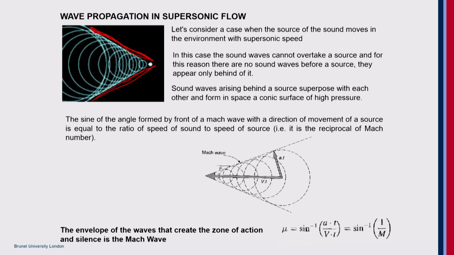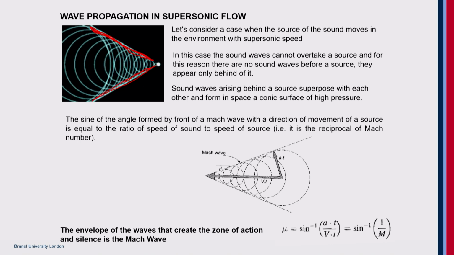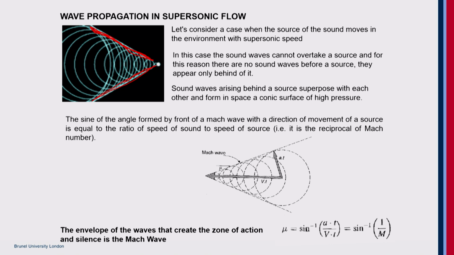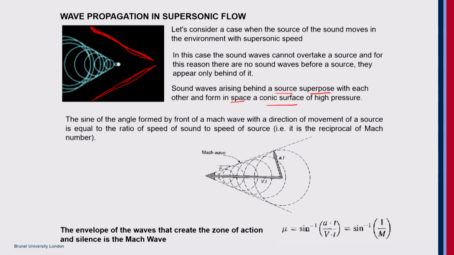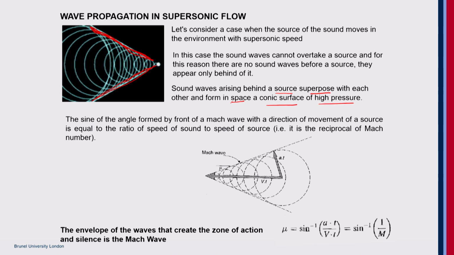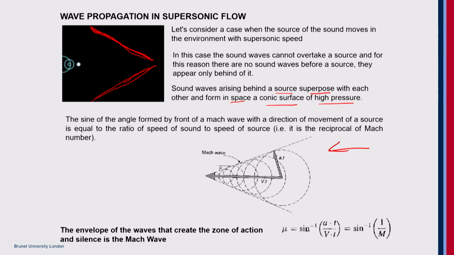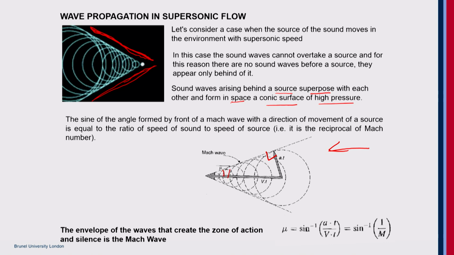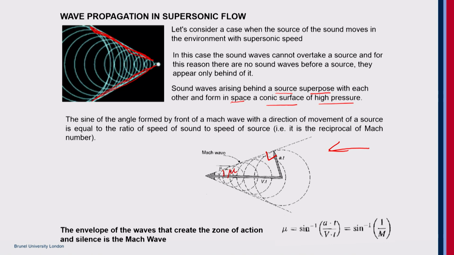This Mach wave is the tangent of all the signals we see at this point here. Now the sound waves arising behind the source superimpose with each other to form in space a conic surface of high pressures. This is the schematic you see here. So this is 90 degrees and this angle is mu, the Mach wave angle.